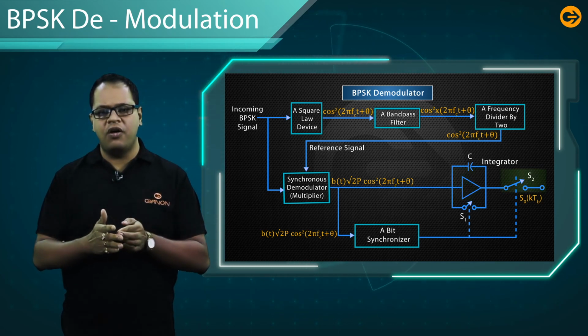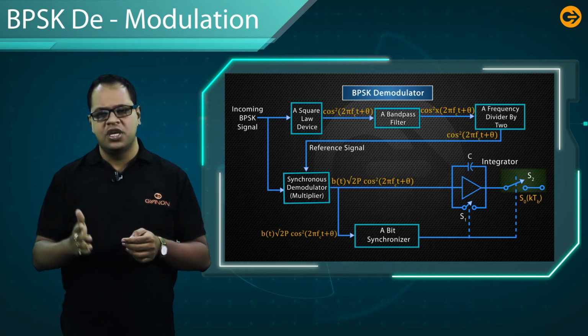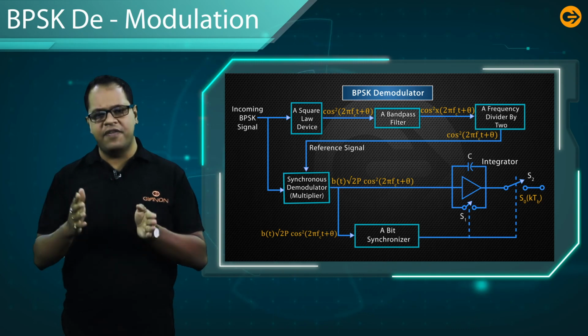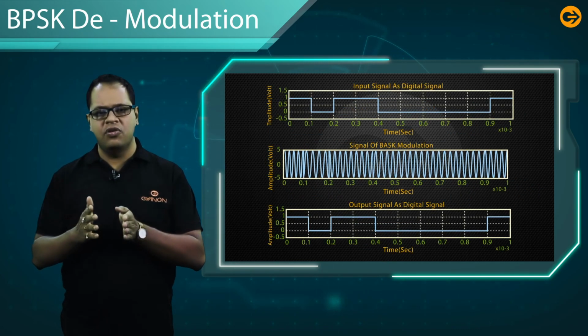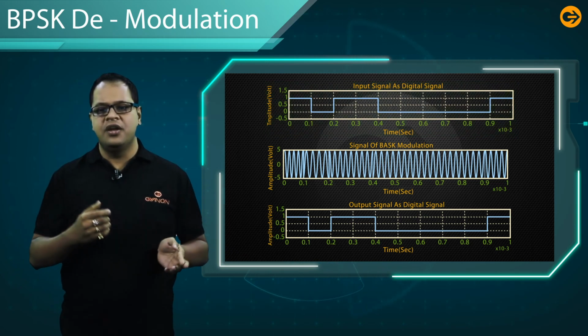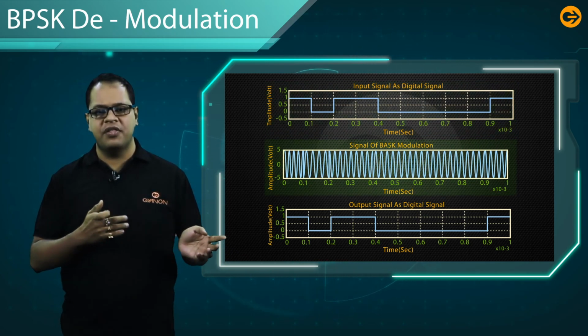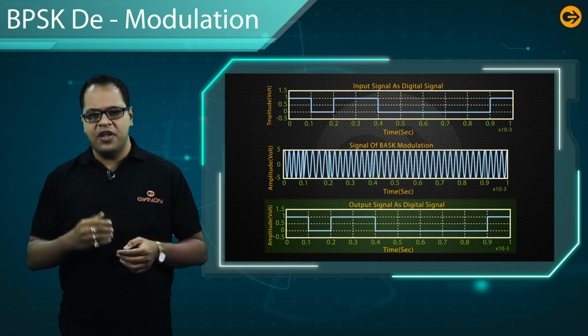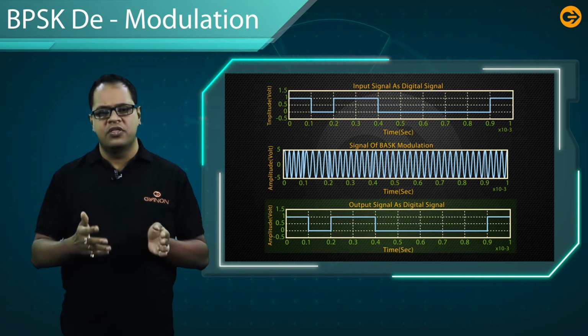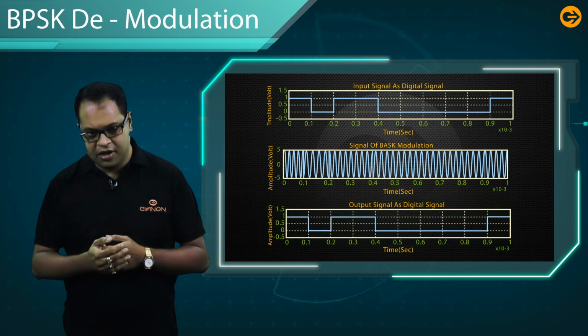The output of the S2 switch is S0(kTb), where k is a different time instant. So the binary message signal is shown in the figure along with its binary phase modulated signal discussed earlier. After demodulation using BPSK, the original message signal is retrieved.